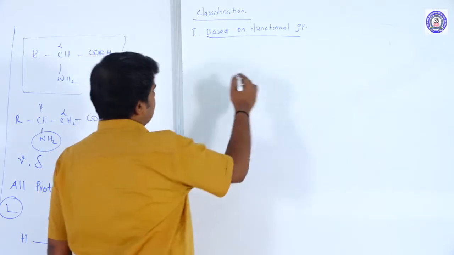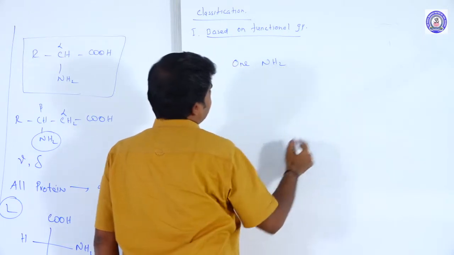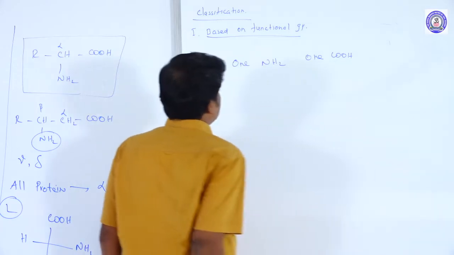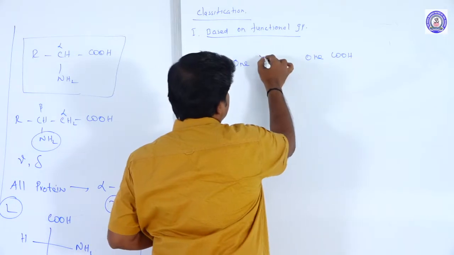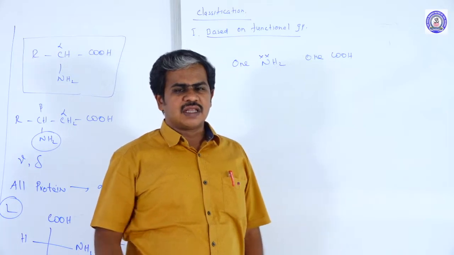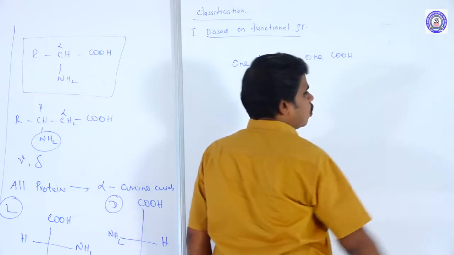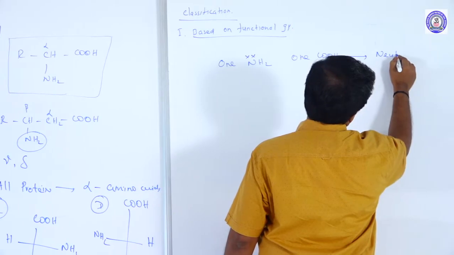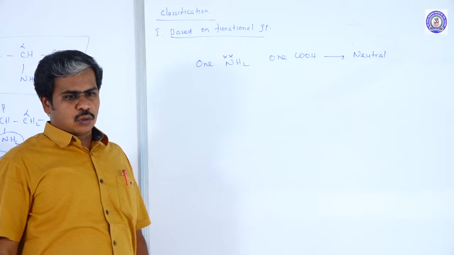The first one contains one NH2 and one COOH. You know that the NH2 group is a base because it contains a lone pair, and the COOH group is an acid, a proton donor. So one NH2 group and one COOH group make a neutral amino acid, with equal numbers of NH2 and COOH.